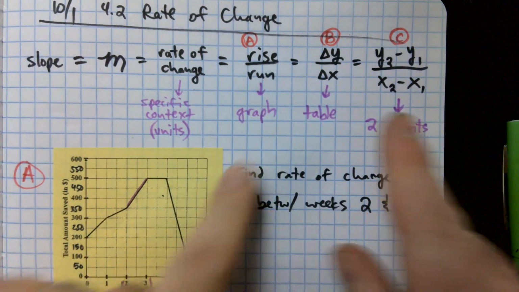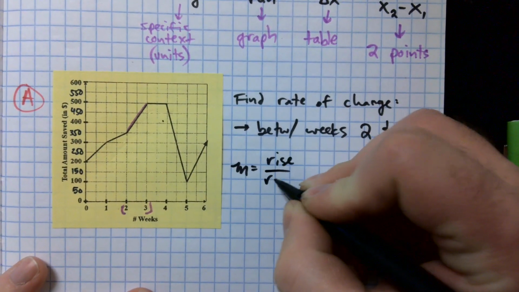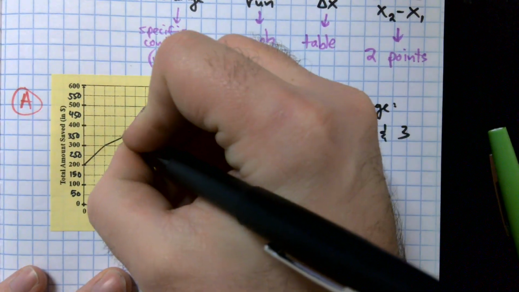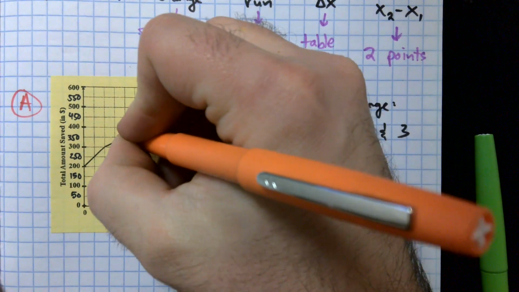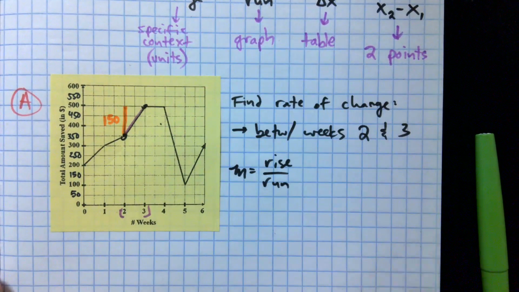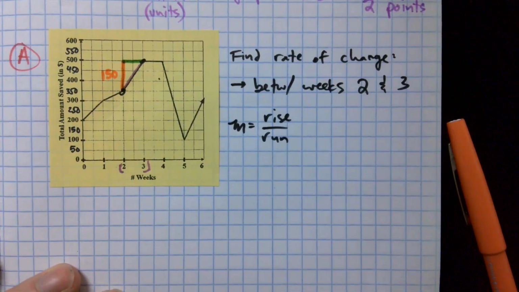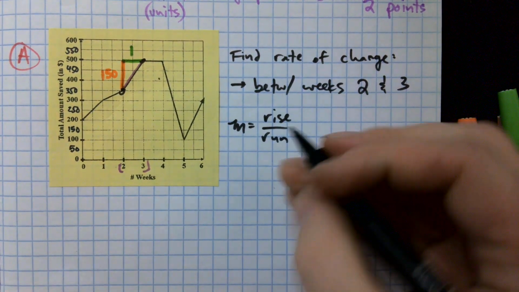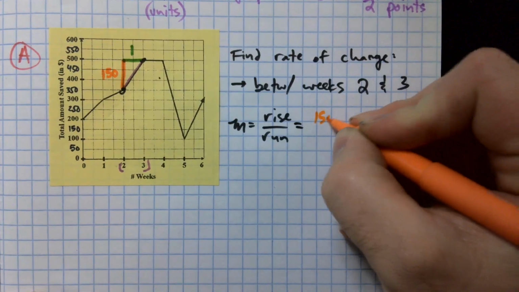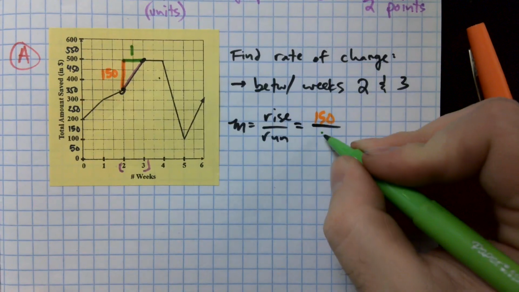So because I have a graph, which of these am I going to use? Rise over run. So M is equal to rise over run. I'm starting at week 2, ending at week 3. I clearly see that I'm rising 3 boxes, which is $150. And I'm running 2 boxes over. How many weeks does that represent? 1. So my rise over run is going to be 150 over what? 1.